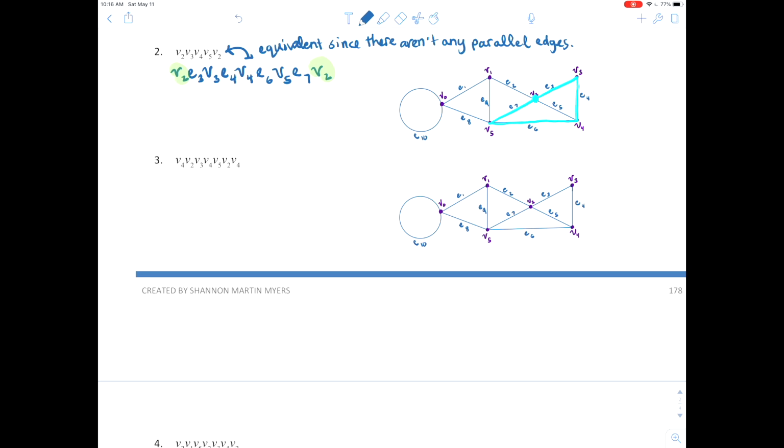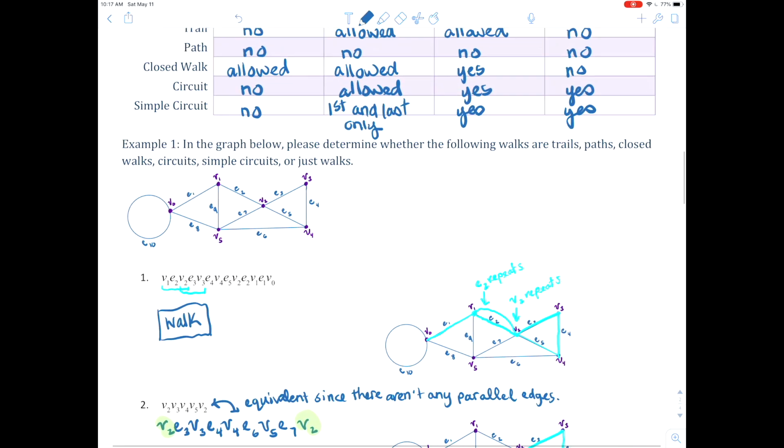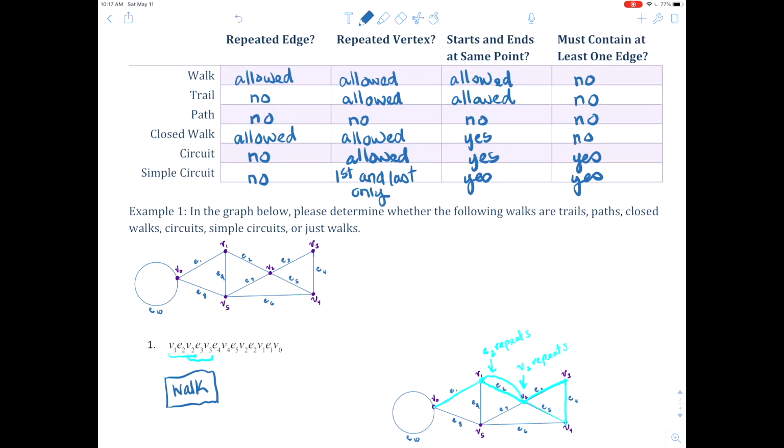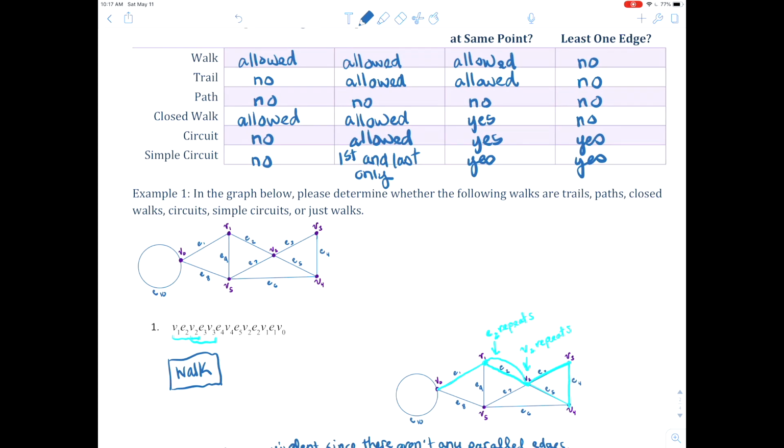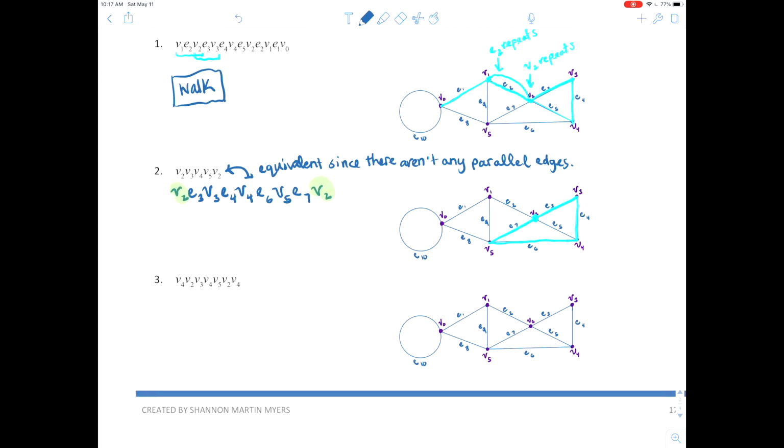Okay, so here we go. Looking at our chart, we start and we end at the same spot, so we know for sure we have a closed walk, right? We have no repeated edges, so we definitely have a circuit. And the only vertices that repeated were the first and the last, so therefore, we have a simple circuit.